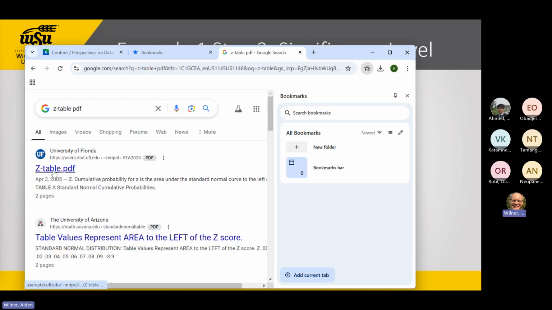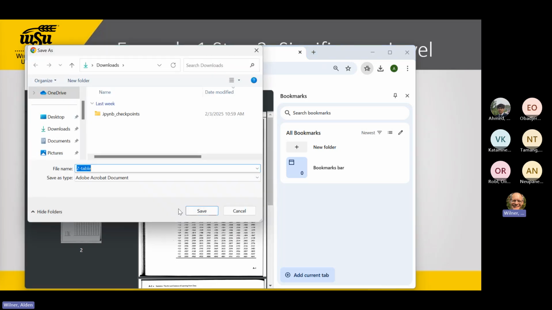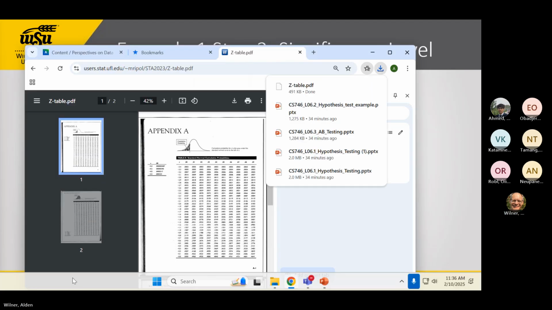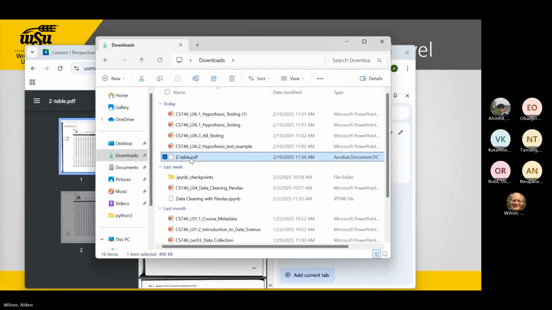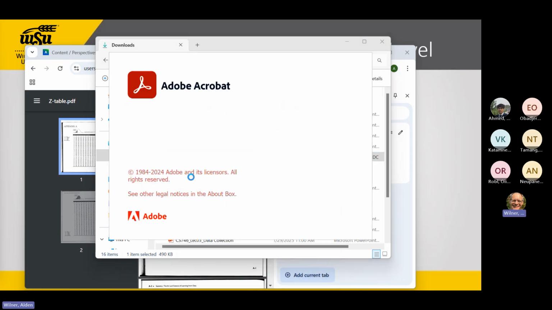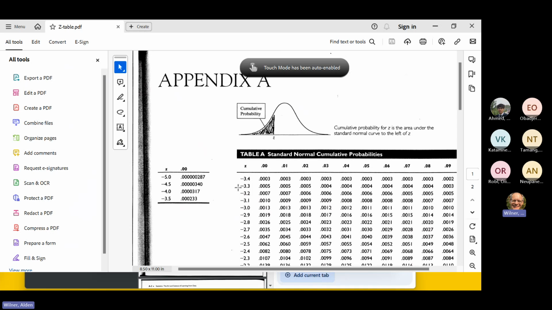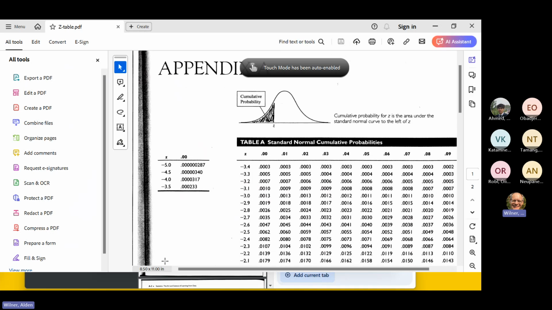There we go. University of Florida, that sounds good. There we go. This is a standard Z table. We'll download that. We'll go to downloads. Doesn't know how to open it. Jeez. Wow. Okay, fine. Okay, so here's what a Z table looks like.